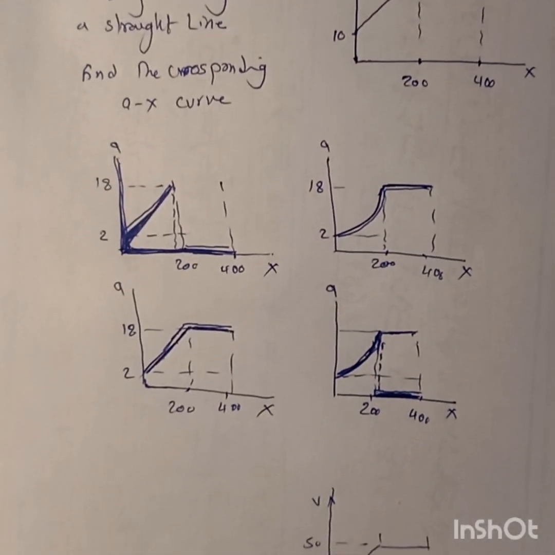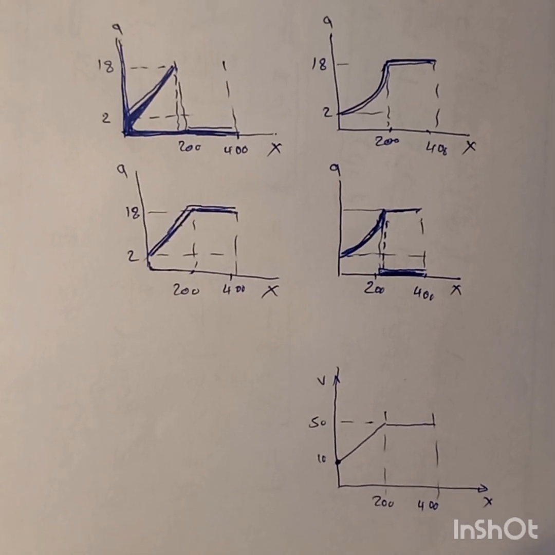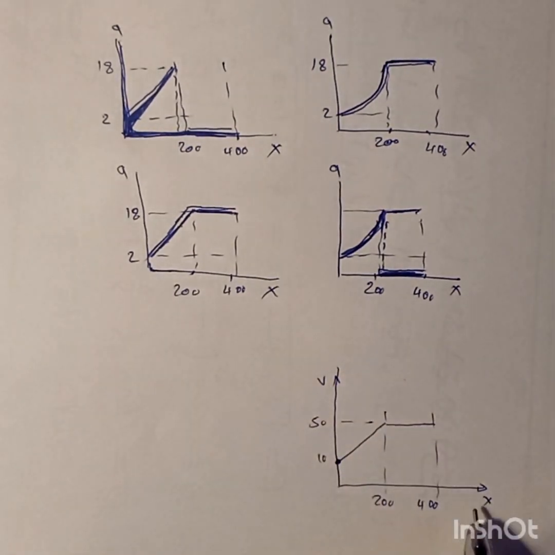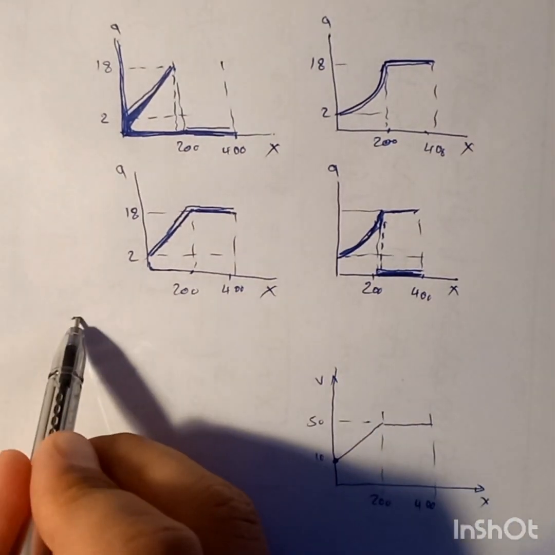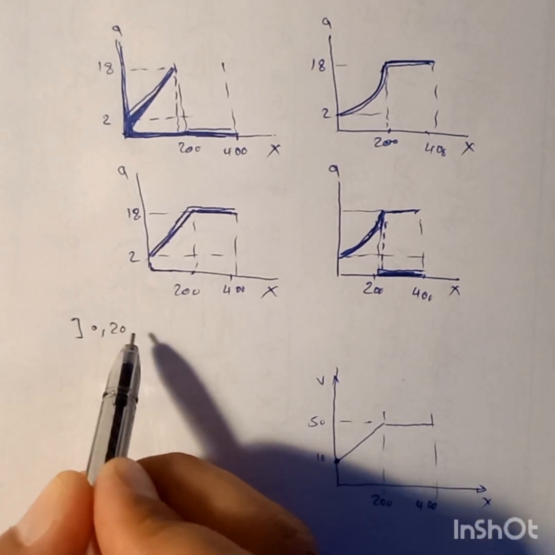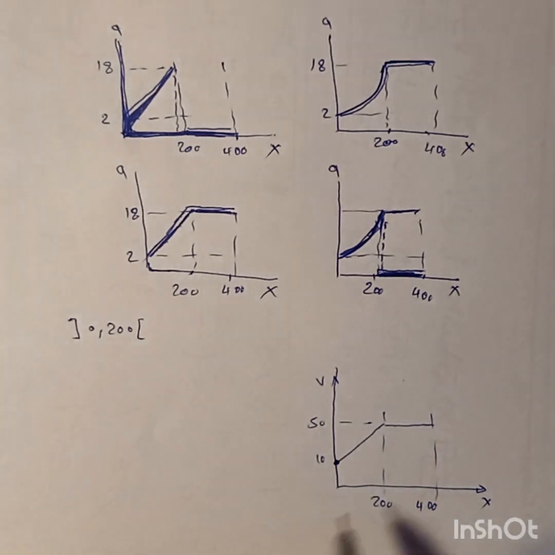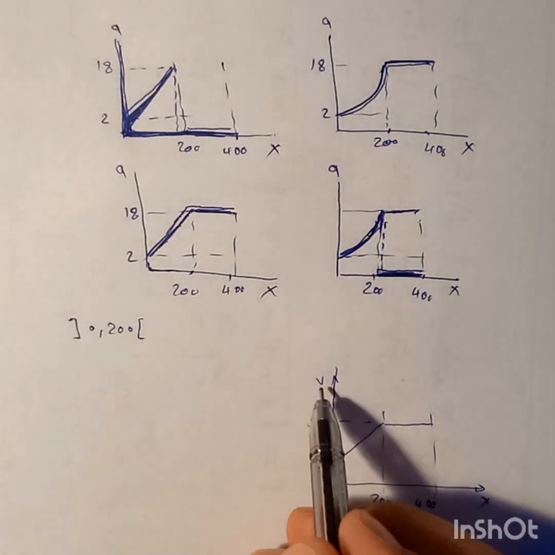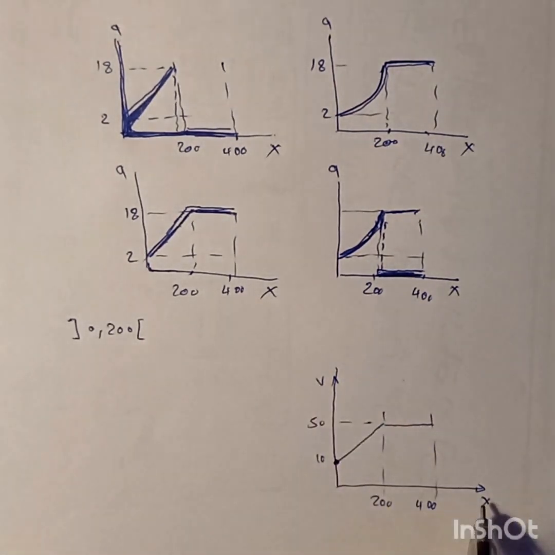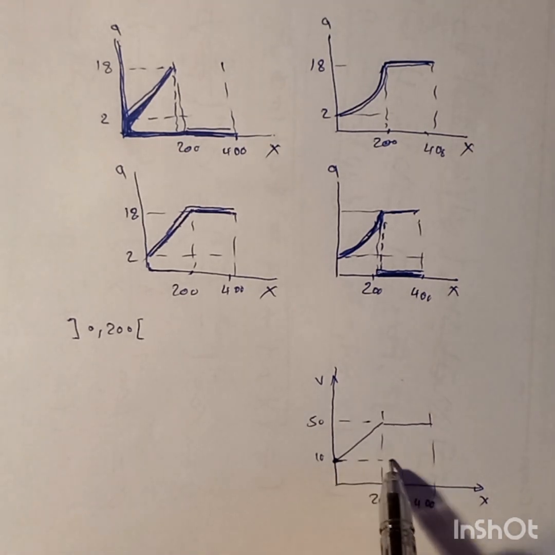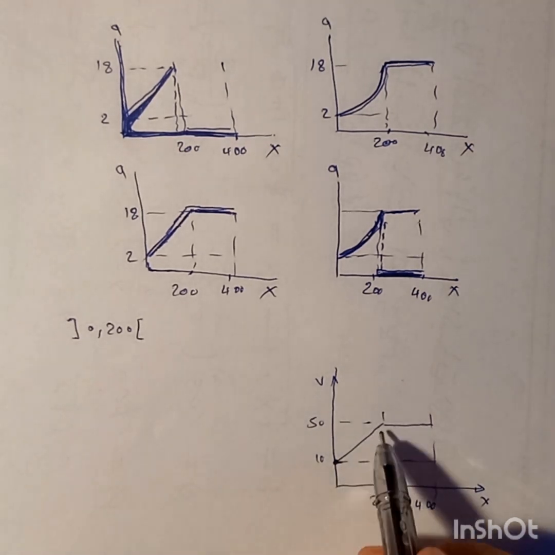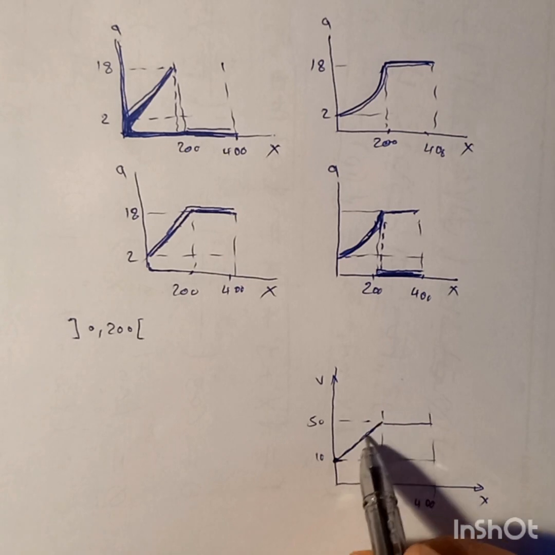First we have to study the given curve. We have a relation between v and x during the interval from 0 to 200 in x. We can find this relation by finding the equation of this straight line.